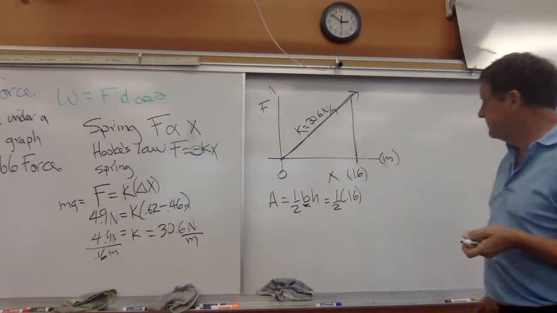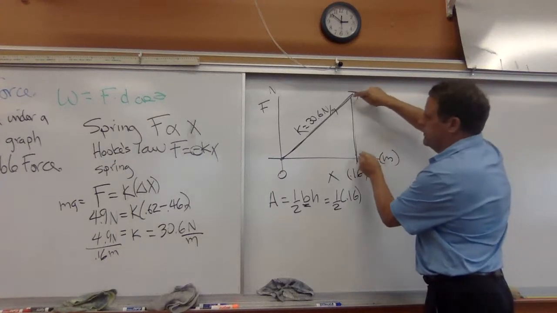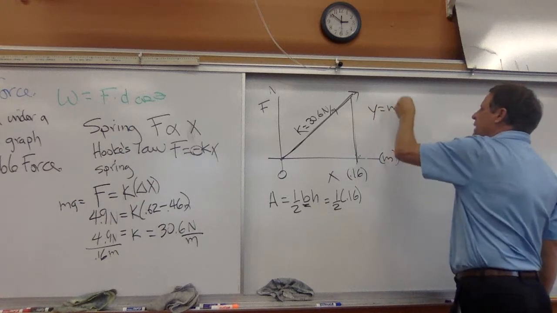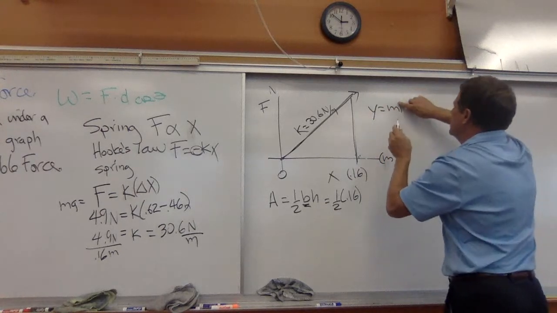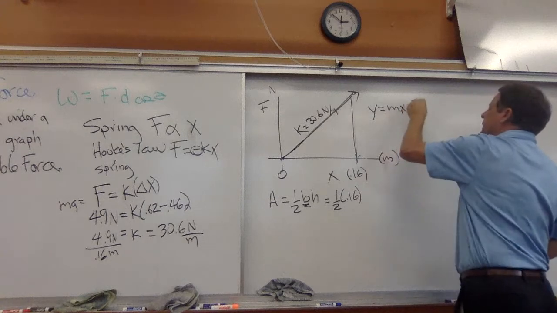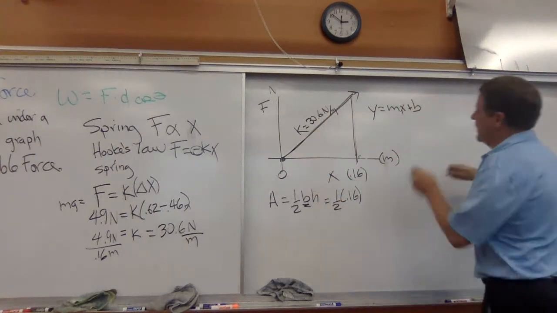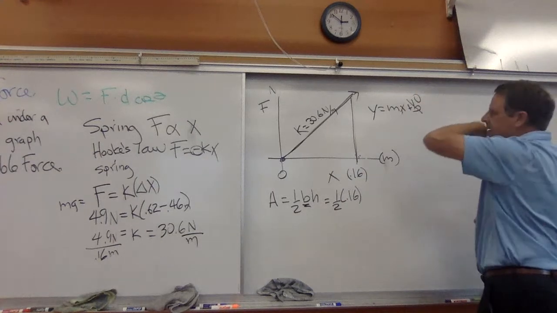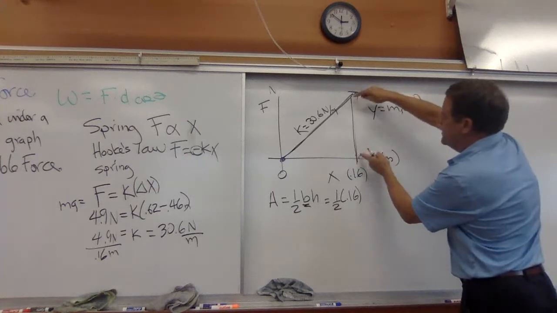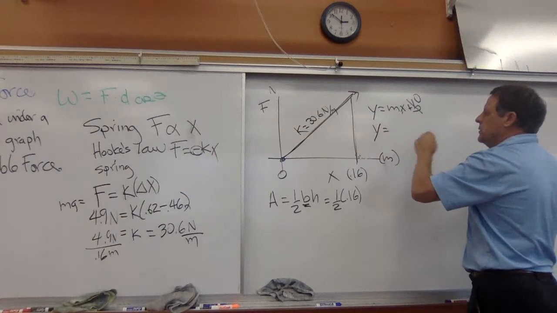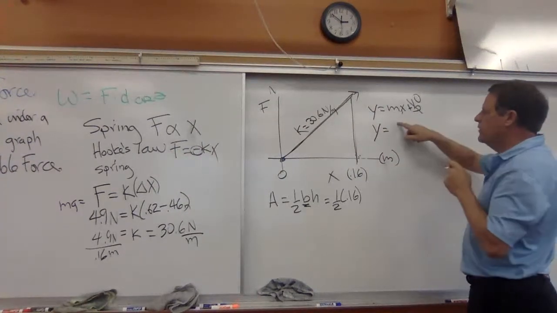Now, how do we calculate this height? If we think of this as y is equal to mx plus b, we can see that the y-intercept is just 0. So we want to calculate this height right here. That is going to be y is equal to, what is our slope?